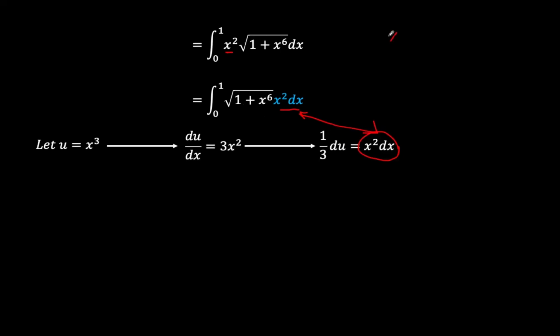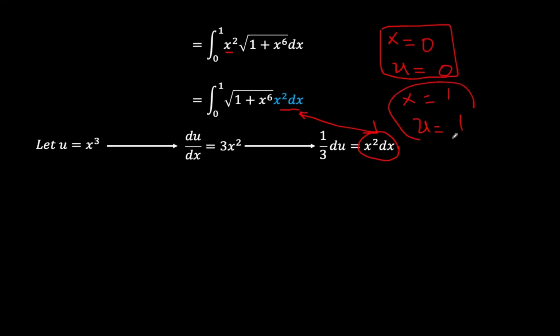Now, when x equals 0, for the lower limit, u is equal to 0 to the power 3, which is 0. When x equals 1, u is equal to 1 cubed, which is 1. Right? So this limit here can be substituted appropriately.